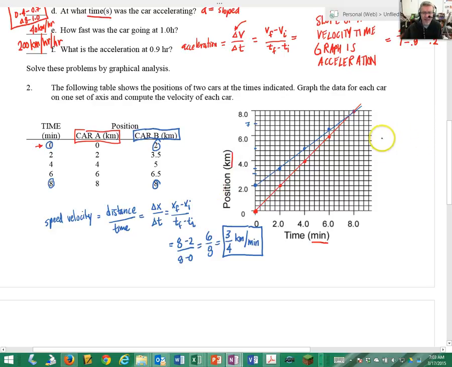If you said that steeper slope equals faster, why don't you give yourself a pat on the back? Because that's exactly right. It turns out steeper slope is faster. So as the slope goes less steep, in other words, as it goes flatter, objects are going slower.